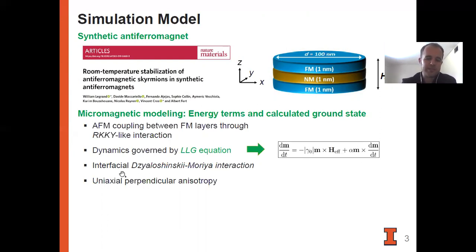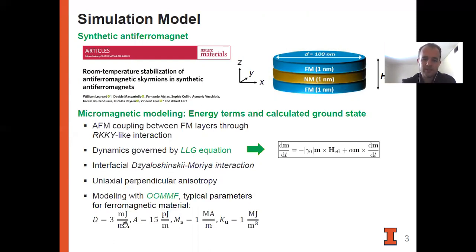As for most material systems, an interfacial Dzyaloshinskii-Moriya interaction is very important, and we also assume a uniaxial perpendicular anisotropy along the z direction, which is also the direction where we apply DC magnetic fields and also AC magnetic fields to excite the breathing modes in this material system. The parameters we have used while doing our simulations with OOMMF are just very typical parameters for a ferromagnetic material, as you can see here.